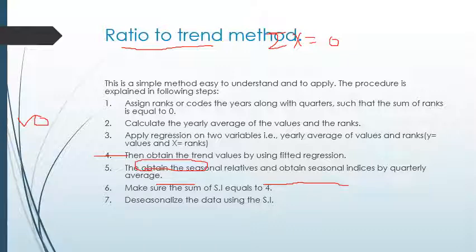We are going to learn more in the next slides with an illustrative example. Make sure the sum of seasonal indices is equal to 4, and in the last step we will deseasonalize our data by using these seasonal indices.